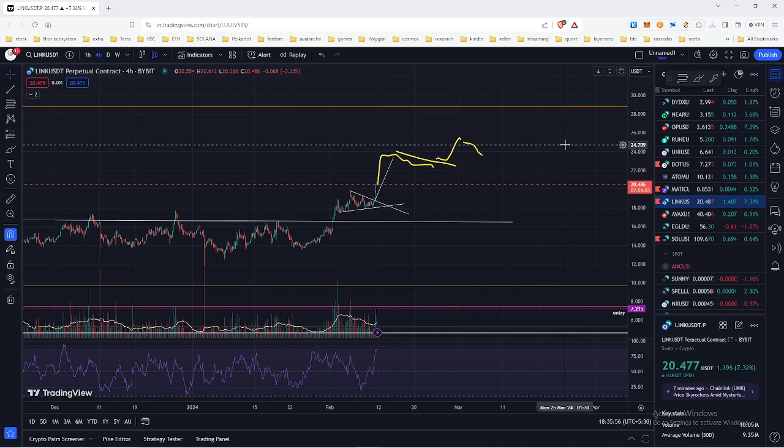If something bad happens for the traditional markets, BTC will come down. Along with BTC, all the other altcoins will come down. If you remember the last cycle, we used to expect a dump every month, a huge 20 to 60% dump.